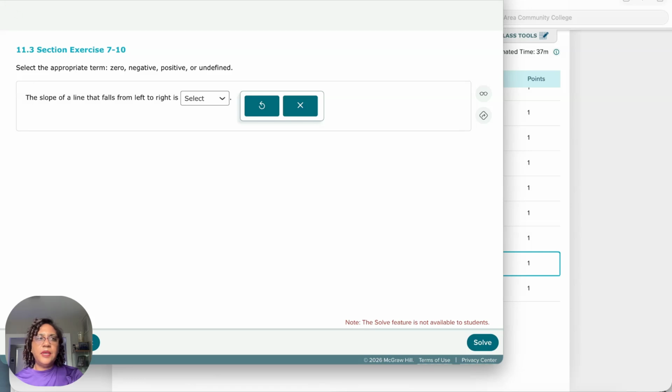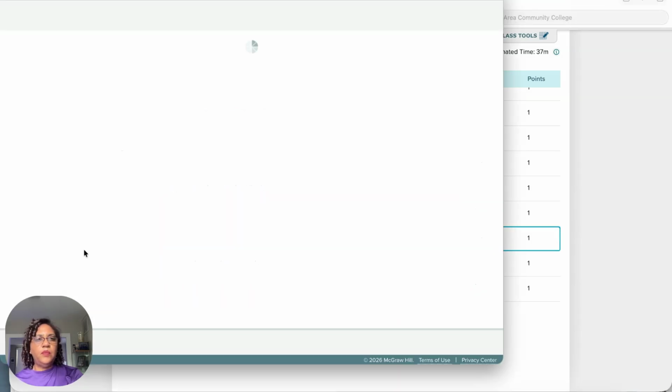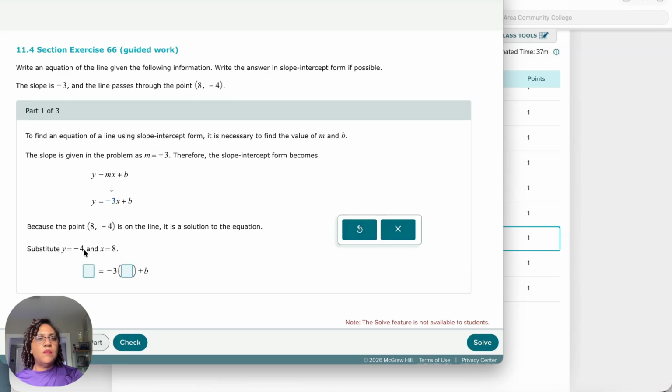You need to know those facts about slope. 11-4. Again, you need to know how to apply y equals mx plus b and where those numbers go so that you can find the equation of the line. These are just points you plug in.